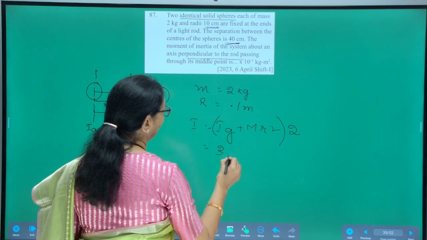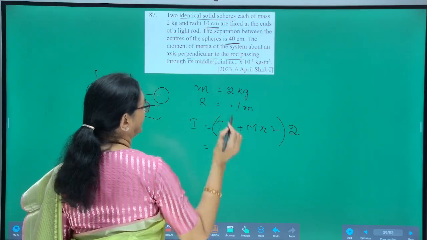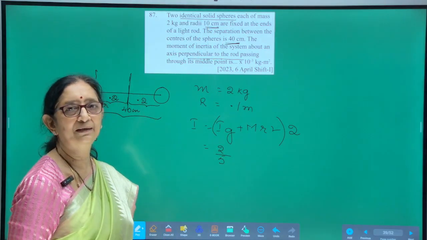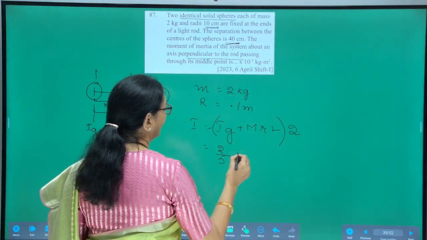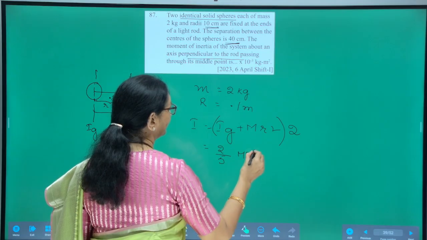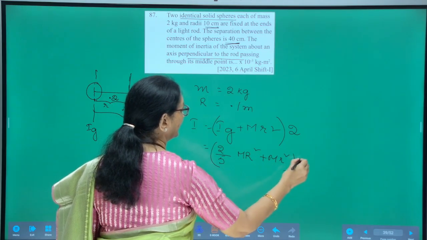For a solid sphere, moment of inertia about the central axis is 2/5 mr². So I = [2/5 mr² + mr²] × 2.